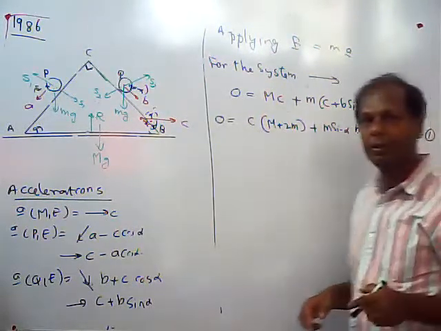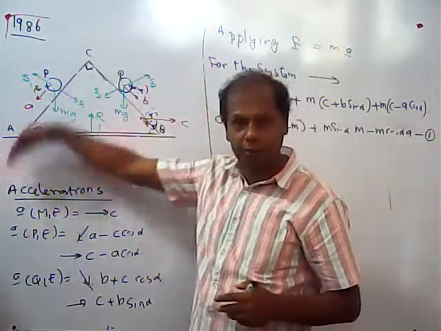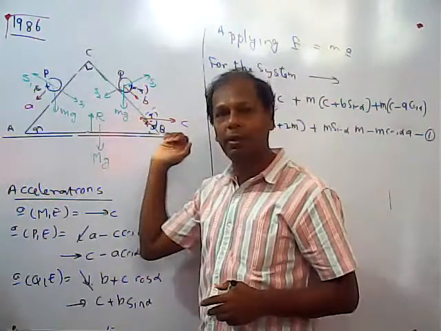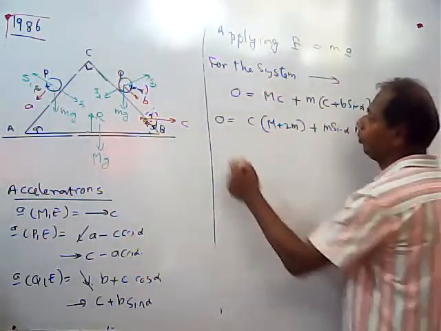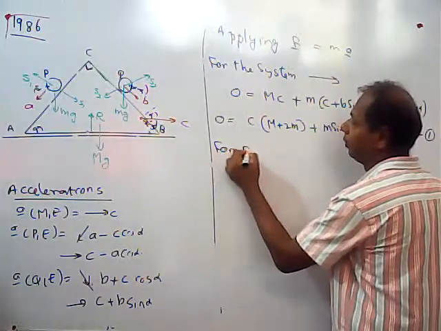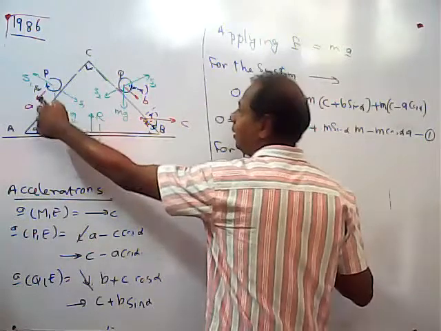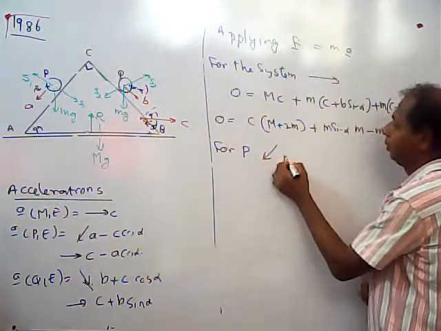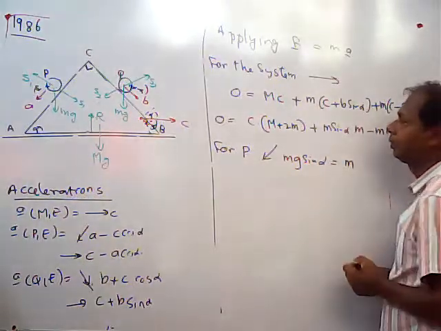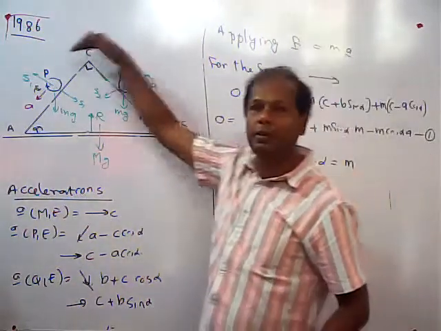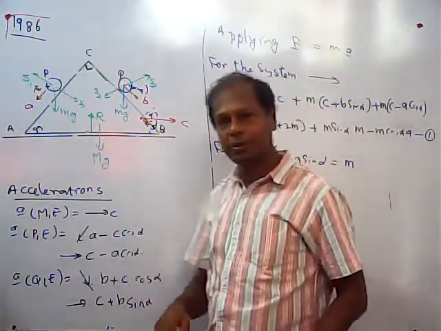And then to get the other two equations, you apply it for P down its plane, for Q down its own plane, right? For P, down the plane will be mg sin alpha on the left hand side, equals m times the acceleration we have written earlier, down the plane, a minus c cos alpha.